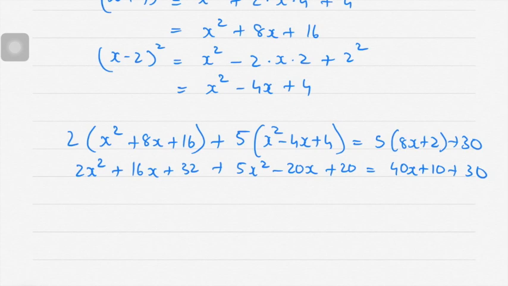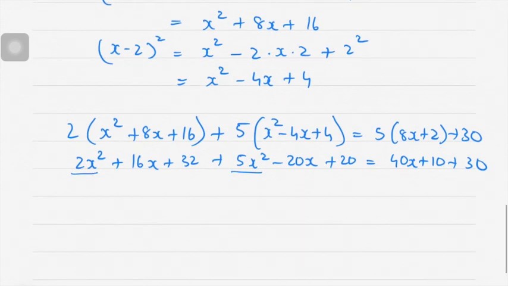Correct? Okay. Now we'll put x square terms together, x terms together and number terms together. Okay. So x square terms are 2x square plus 5x square, which is 7x square. Okay. Now I'll see my x terms. So my x terms for now are 16x minus 20x, and this 40x is also there.